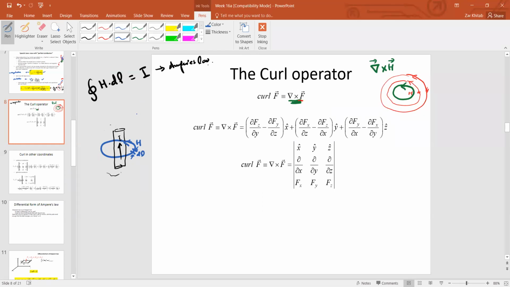So this is going to give you Ampere's law. This is the integral form, which gives you current I, and this one is the differential form.